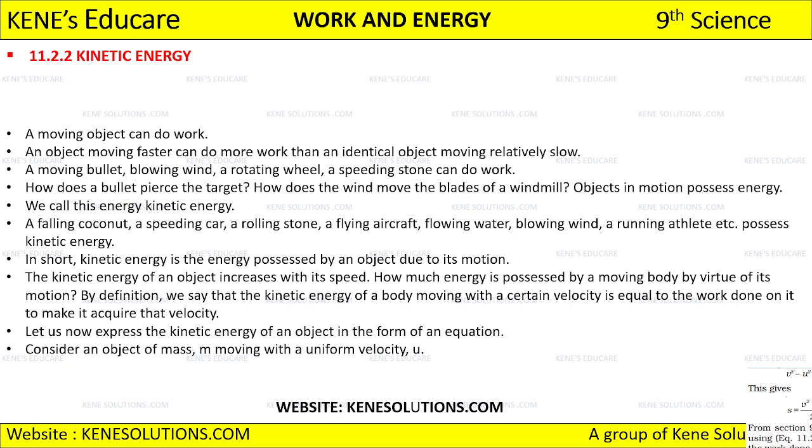Because the object is moving, and this movement can either be very fast or slow, but the main condition for kinetic energy is that the object should move. So all these examples are examples of kinetic energy.